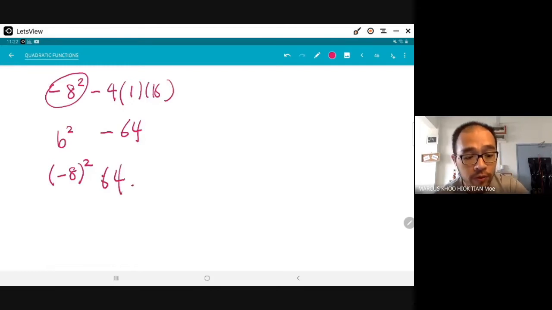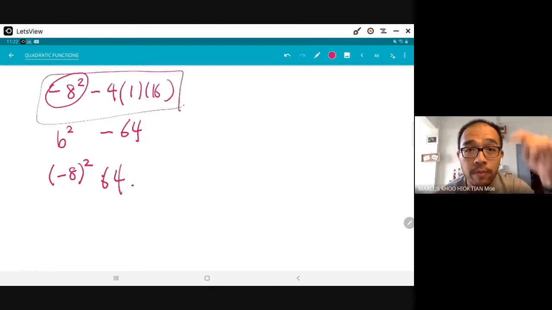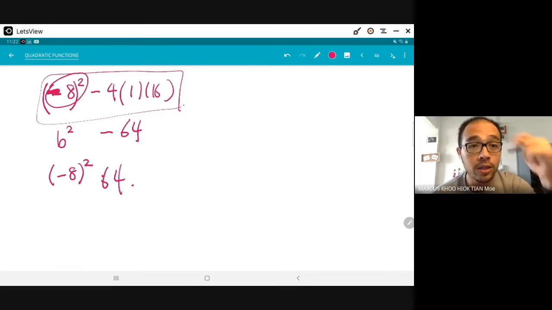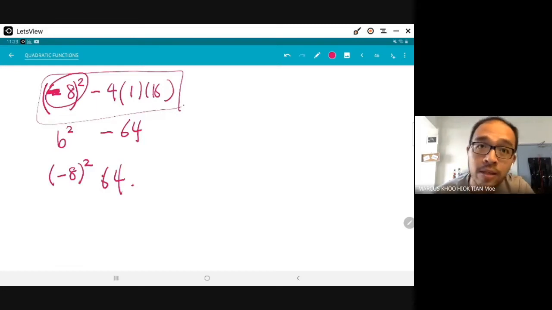So be very careful with this, please. Pressing calculator must also press with brain. You need to know negative 8 actually is squared, including the negative. It's not just the 8 that's squared. So calculator is smart, but not as smart as human. Human must be smarter than calculator.